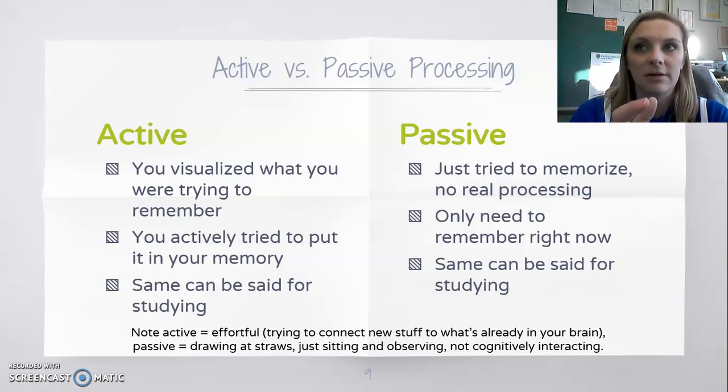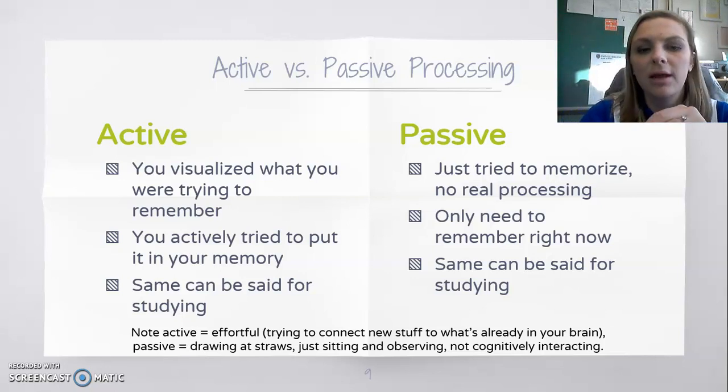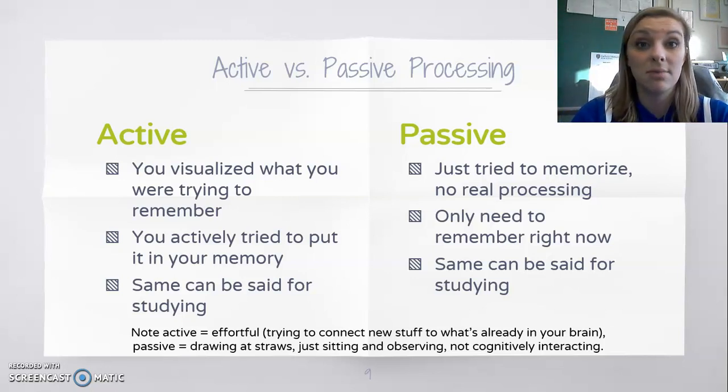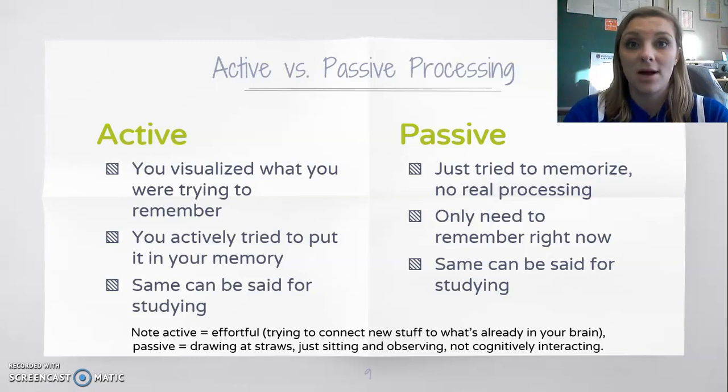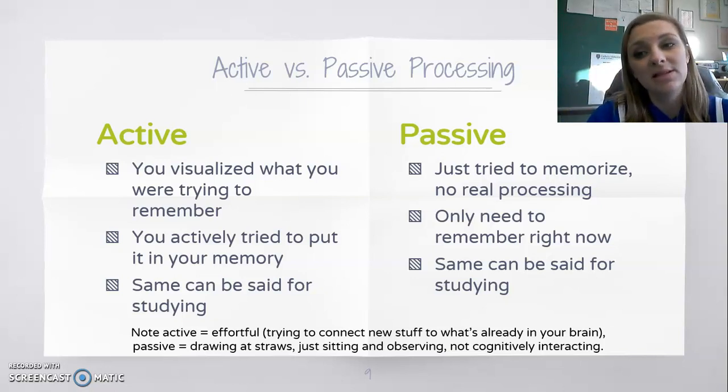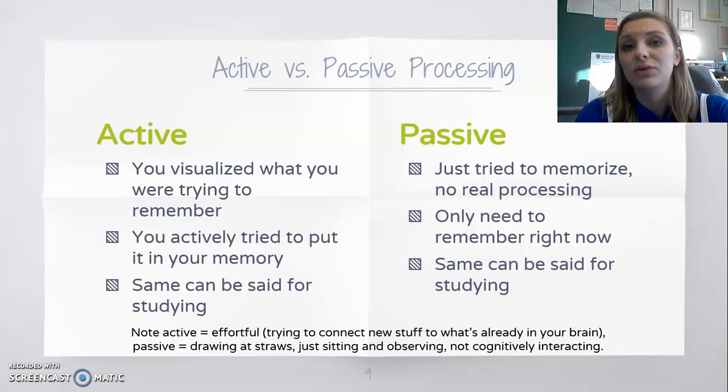So active processing is when you're visualizing things, when you're actively trying to put it in your memory, you're actually doing something that involves the process. So, for example, rewriting out notes or creating your flashcards or quizzing yourself is active, where passive is just going to be trying to memorize things, just looking over your notes. It's going to be things that you really only need to be remembered right now, okay?